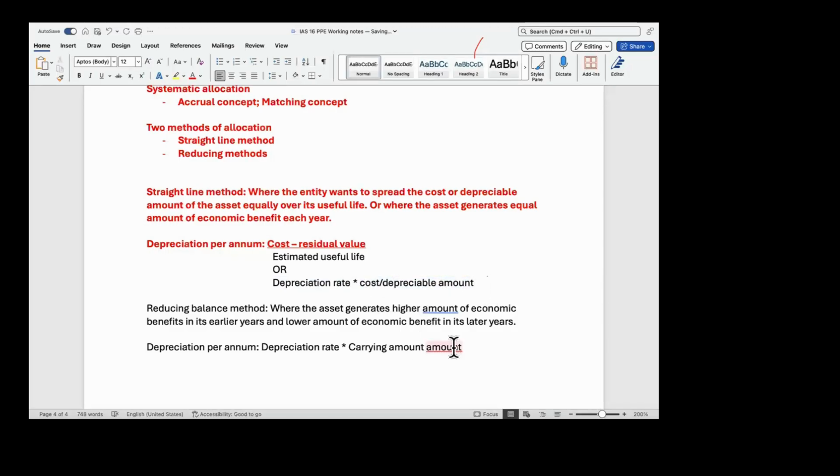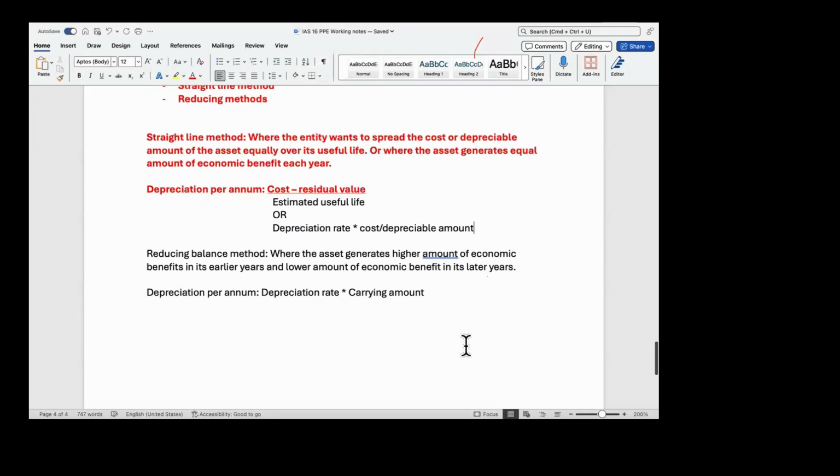While this one will be applied on the carrying amount. When you apply it on the carrying amount, the depreciation you get reduces every year. So you will not get an equal amount of depreciation like you will get in this instance.